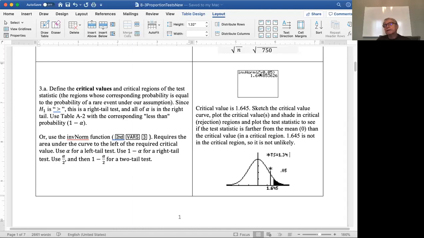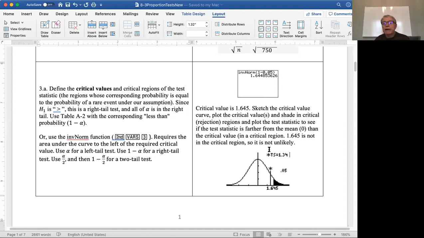And then because this is symmetric, we could also just find the critical value on the right being the opposite of the one on the left. Or we could put in 1 minus alpha over 2, and that would give us the area that will give us a critical value for a right tail.